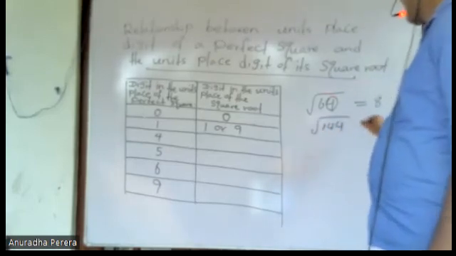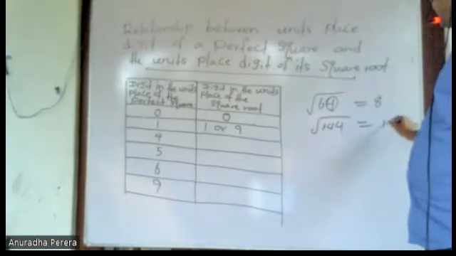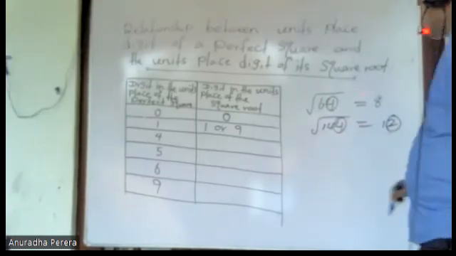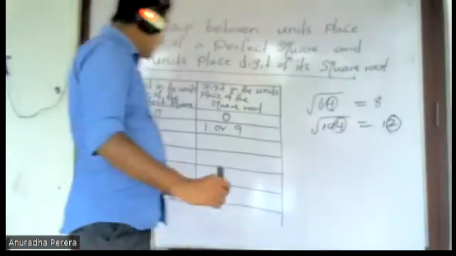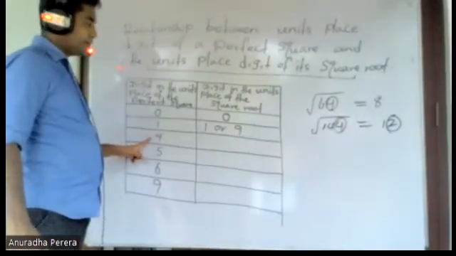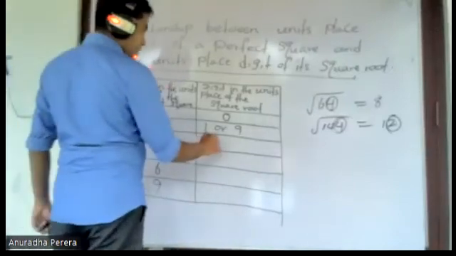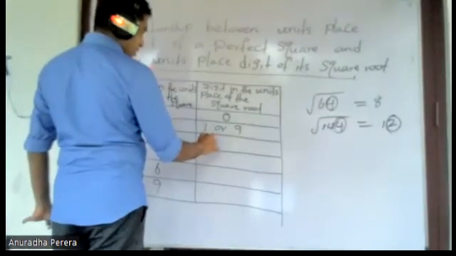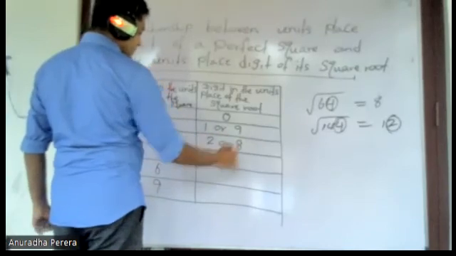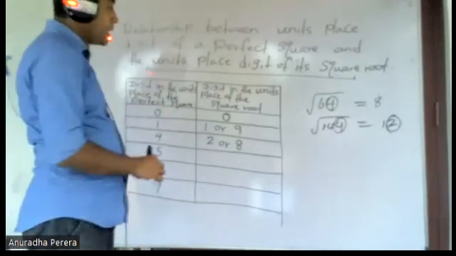What is the answer? 12. When this one is 4, the unit place of the square root is 2. There are two such values. When the unit place of the perfect square is 4, the digit in the square root is 2 or 8.